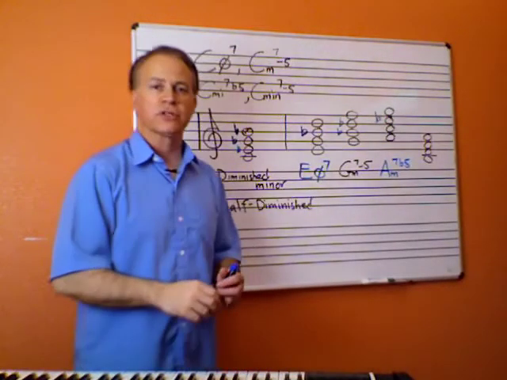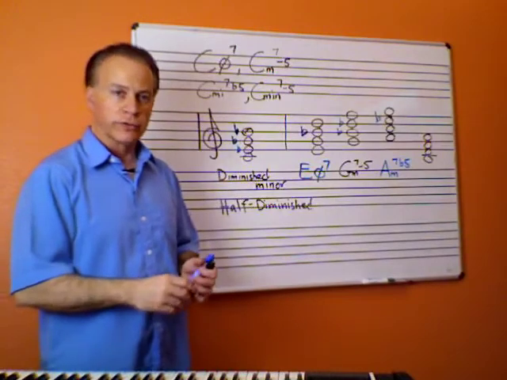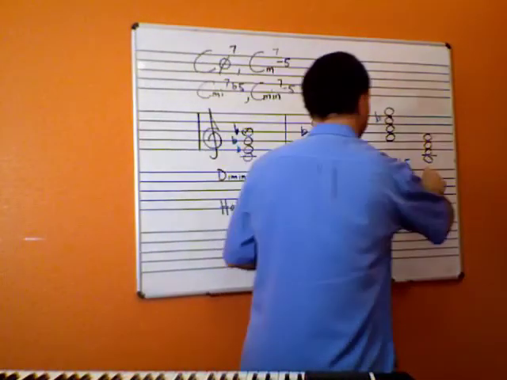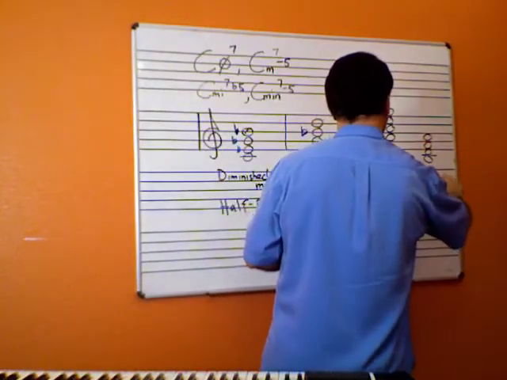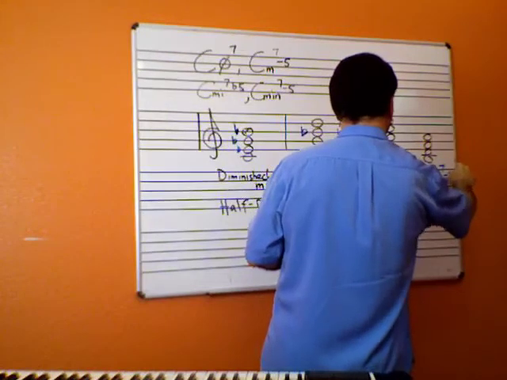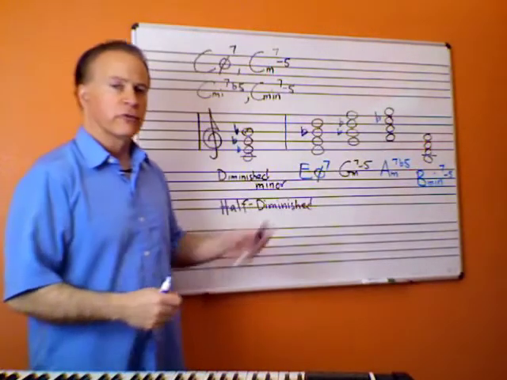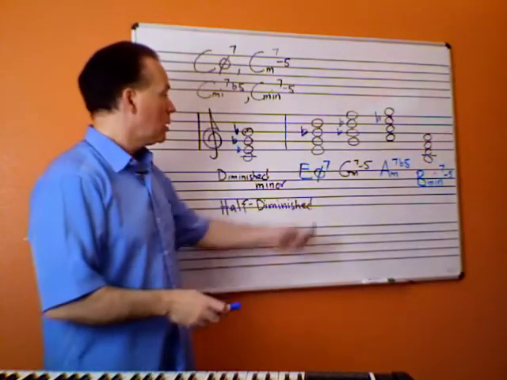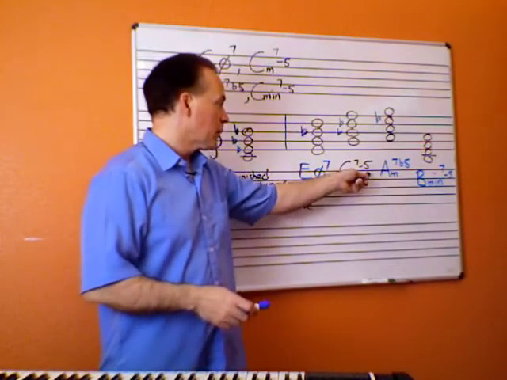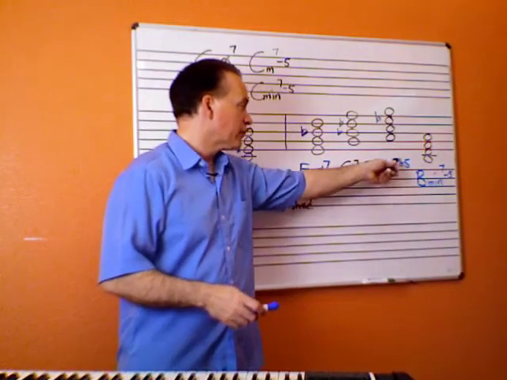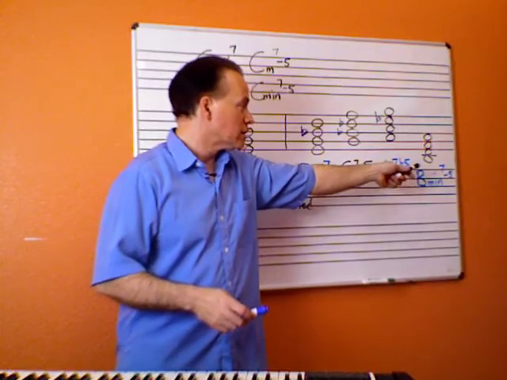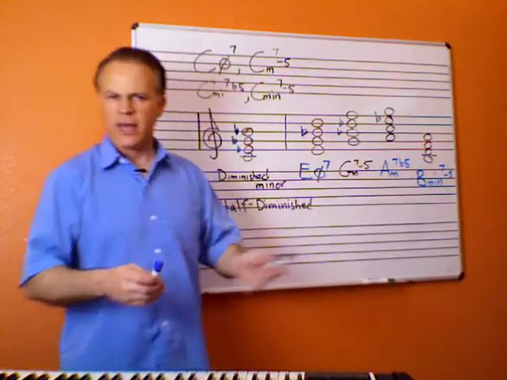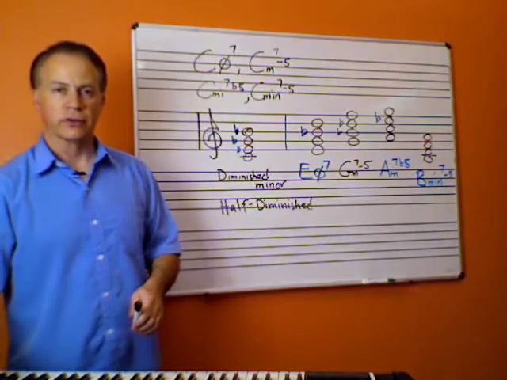This is the only half diminished seventh chord that's all naturals. And that we would get B minor seventh flat 5. You can see I've put a variety of different ways you might see this chord symbol. The null set sign, minor 7 minus 5, M7 flat 5, and MIN 7 minus 5. Any of those will work for a half diminished seventh chord.